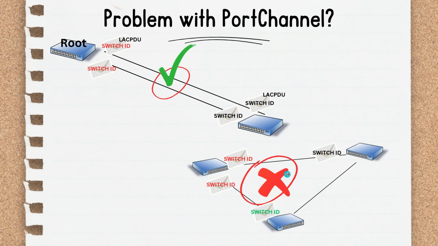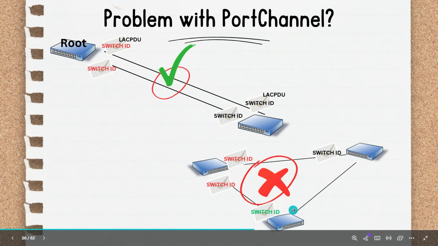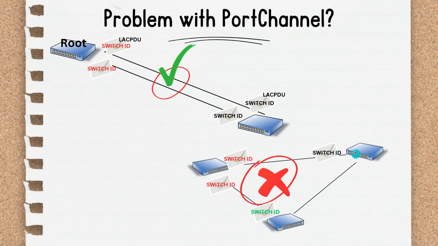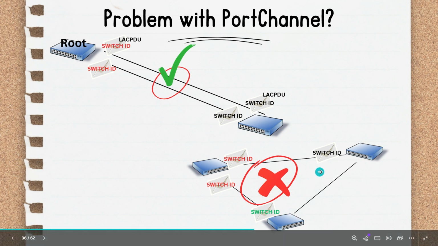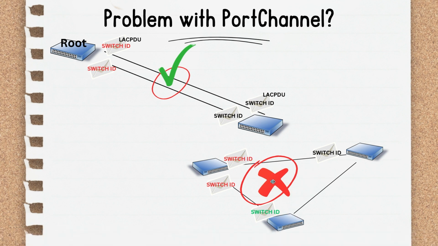Device redundancy means, let's say, what if one of these two devices fails? Then we can route our traffic through this device or through that device. We can't do this with the port channel because the switch ID exchange pair will be different.